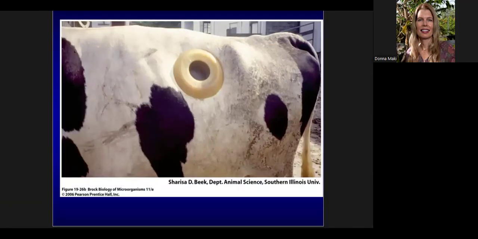I think MSU still has this going on downstate where they do an operation on the cow. I think this is a dairy cow, and they create a surgical opening into the rumen, and then they cap it off in between sampling. And then you can go uncap it and take a sample.